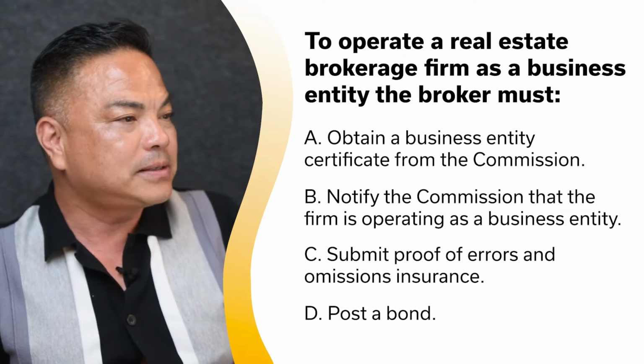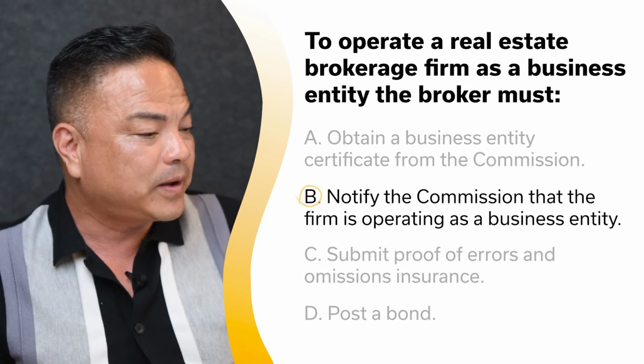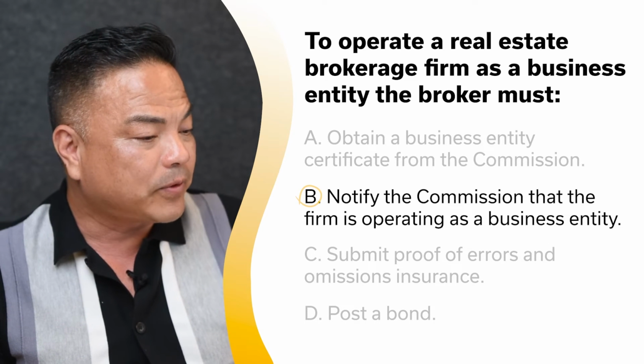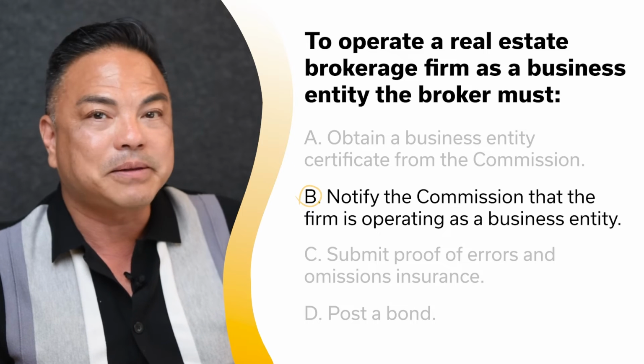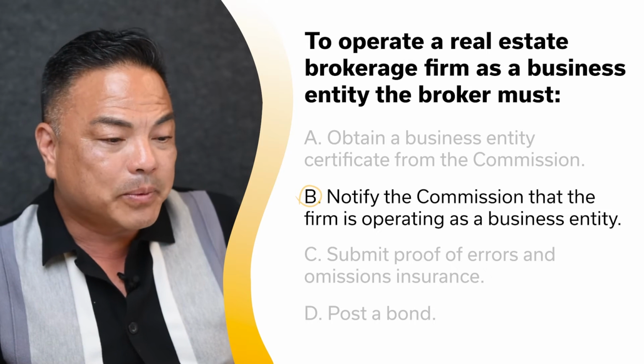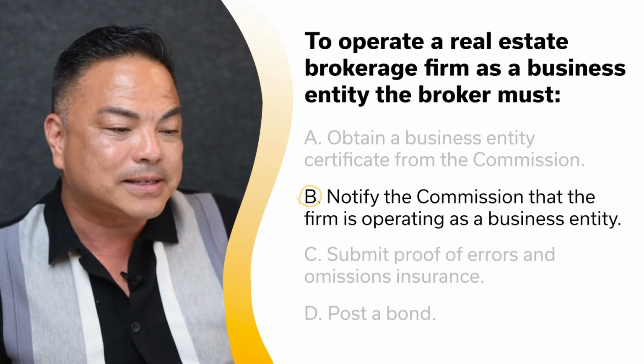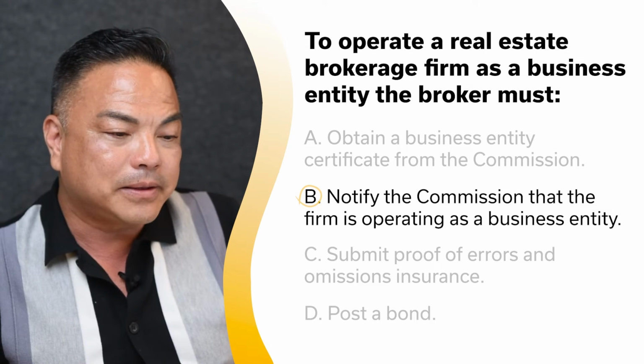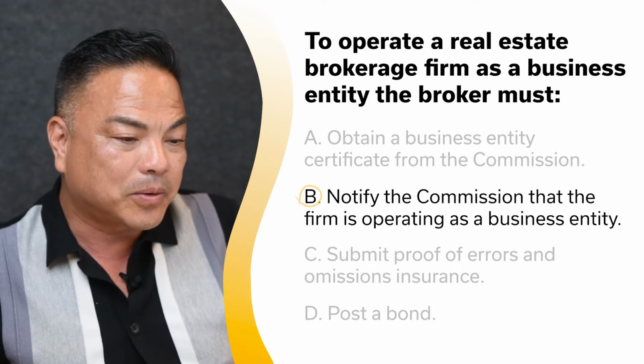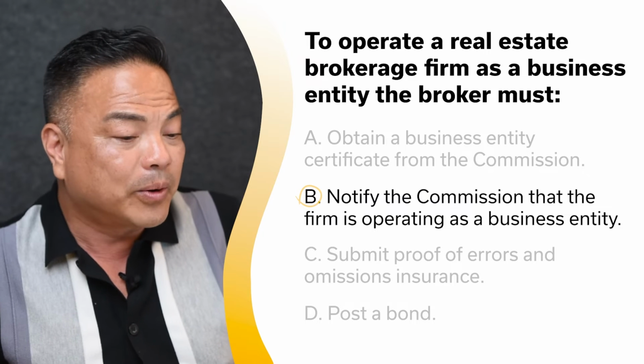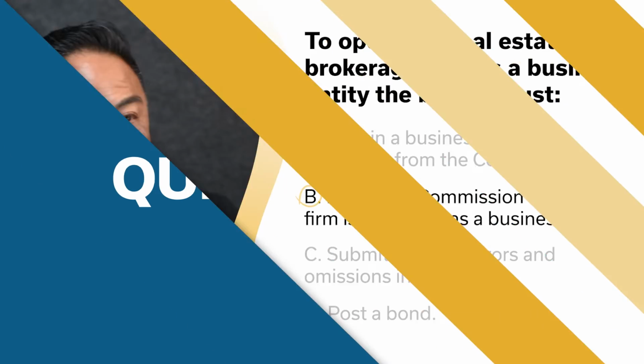And the answer is B as in boy. Notify the commission that the firm is operating as a business entity. To operate a brokerage firm as a business entity, for example, a limited liability company or corporation, the broker must notify the real estate commission.